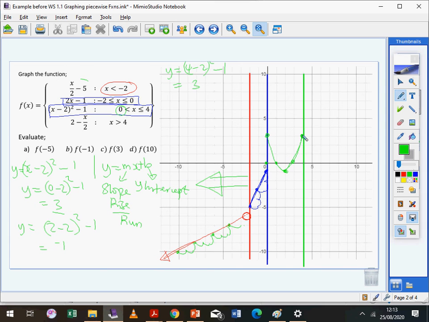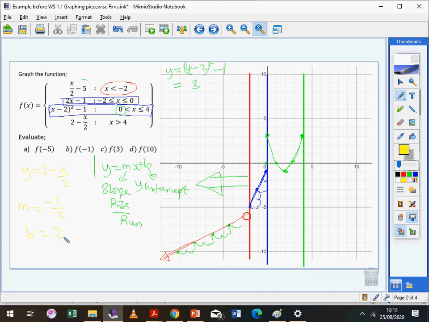And in the last region, I will use yellow. The last region is still a linear function, and you guys must be enjoying to graph linear functions because they are the easier ones. It's a linear function that's defined as y equals 2 minus x out of 2. The slope, I hope you can see that, is -1 out of 2, and the y-intercept is 2.